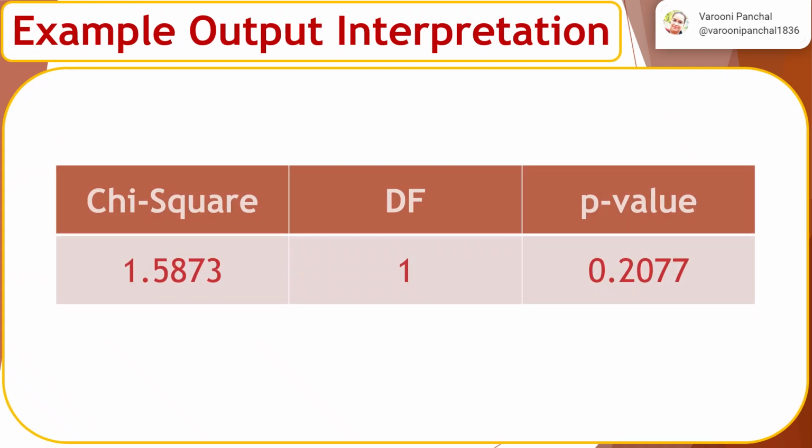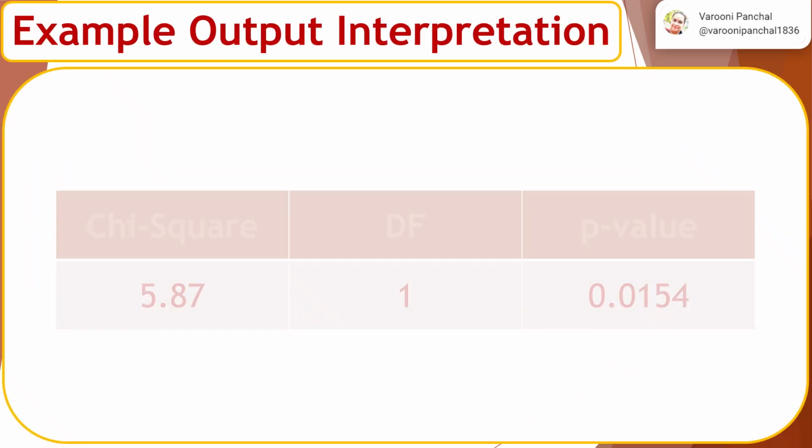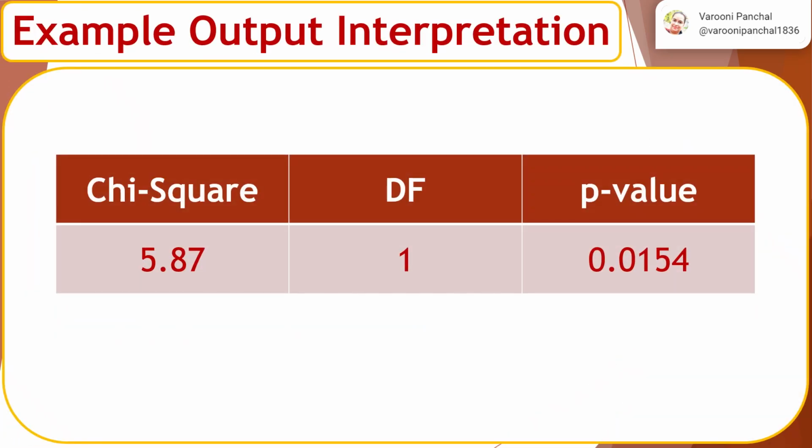Example output interpretation. Say, for example, the chi-square test statistic value is 1.5873, the degrees of freedom is 1, and the probability of having this chi-square value is 0.2077. Another example: the chi-square test statistic is 5.87, the degrees of freedom is 1, and here the p-value is 0.0154.